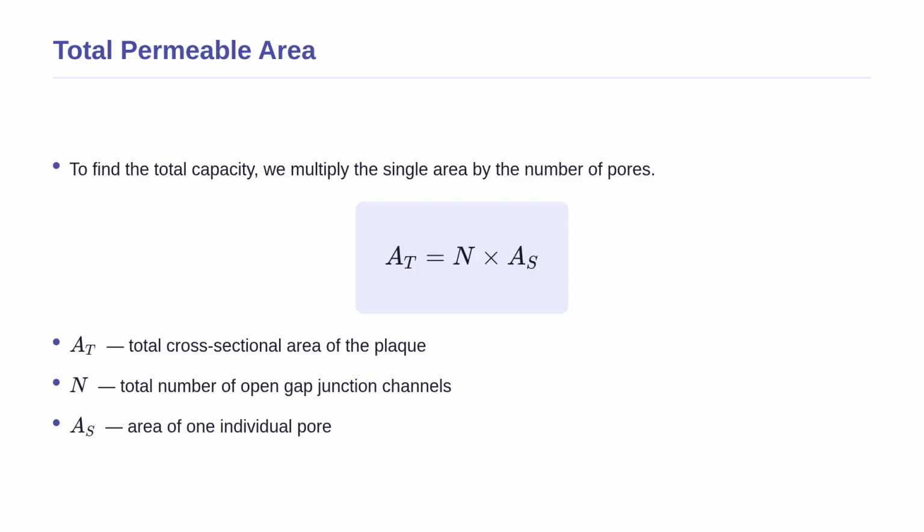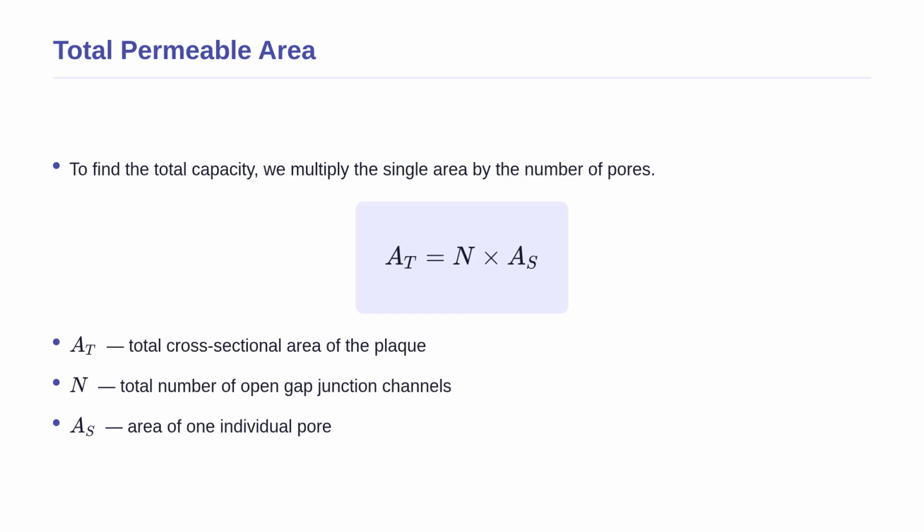To understand the true power of these plaques, we need a new formula to calculate their combined capacity. The math here is straightforward. The total permeable area, represented by A sub T, is equal to N multiplied by A sub S. In this equation, A sub T is the combined cross-sectional area available for transport across the entire plaque.